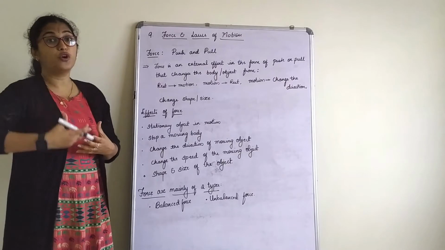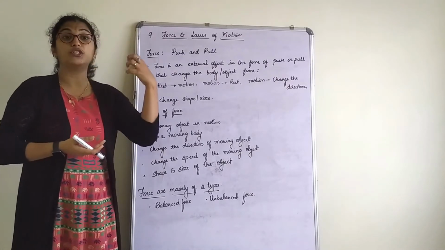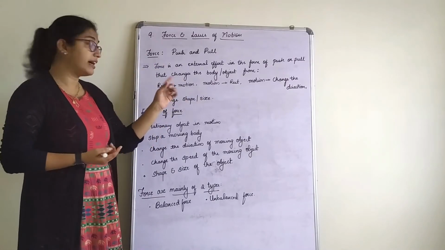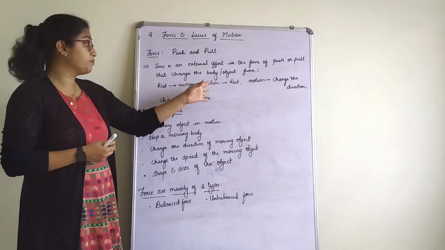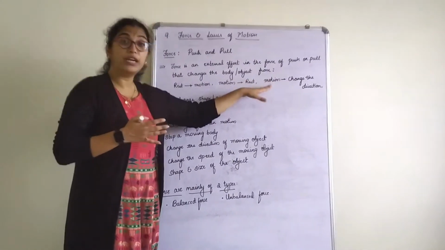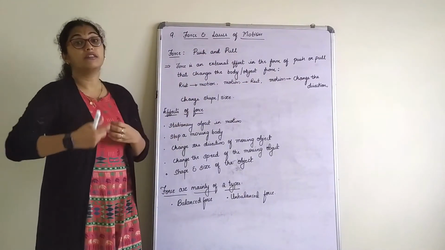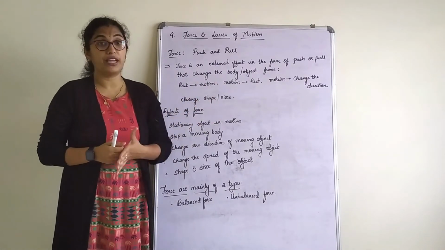That means a force, an external thing acting on a body, acts in such a way that a body which is at rest is put into motion, a body which is in motion is brought to rest, a body which is in motion can change direction, or the force can change the shape or size of an object.